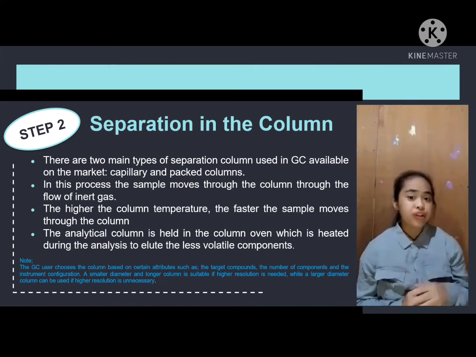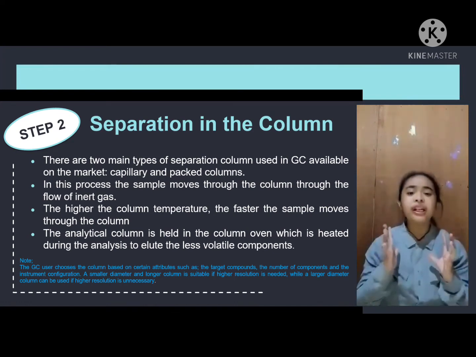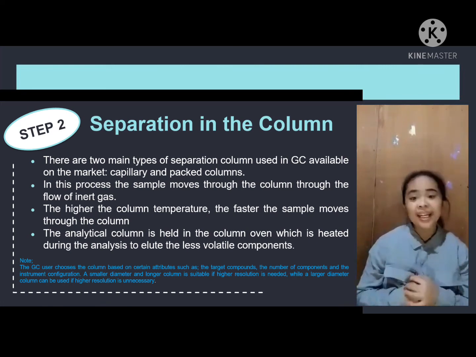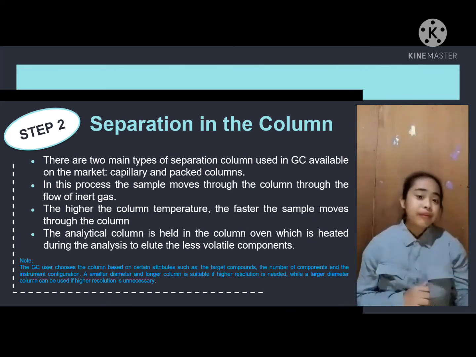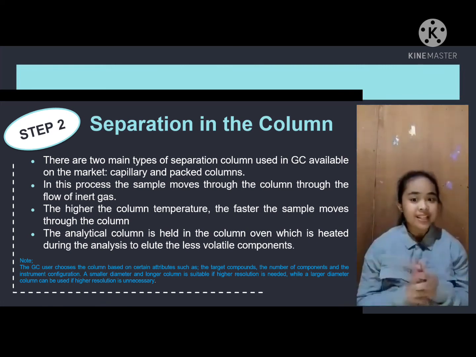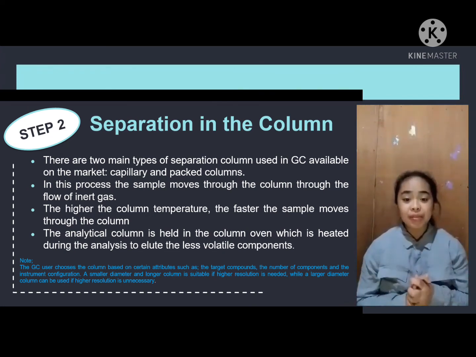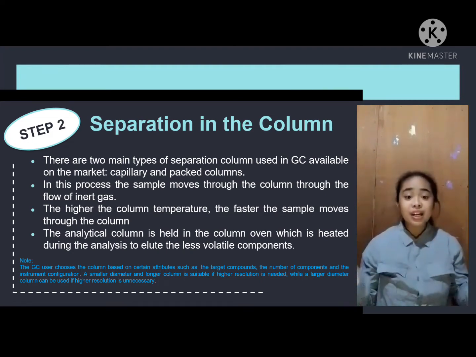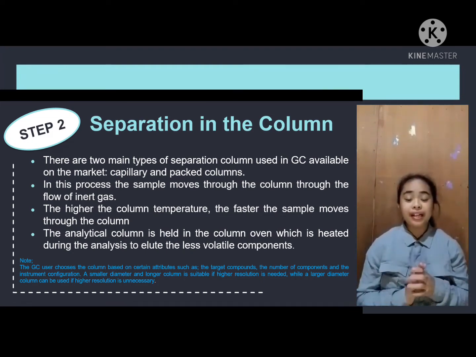However, the choice of carrier gas is very important to maintain high efficiency. The effect of different carrier gases on the column efficiency is represented by the Van Deemter equation for packed columns and the Golay equation for capillary columns.